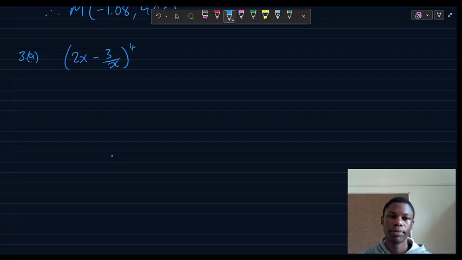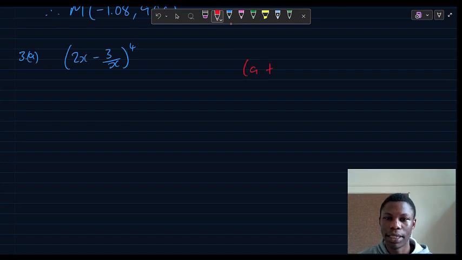Number 3, part A, find the complete expansion of 2x minus 3 over x, to the power of 4. Alright, so for this, we're going to use the binomial expansion formula, which you will find in the MF19.